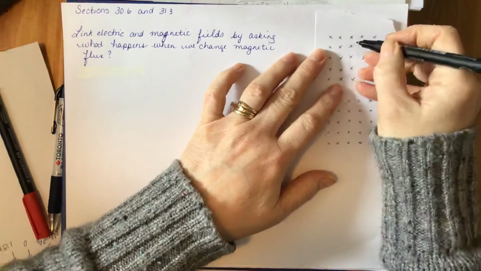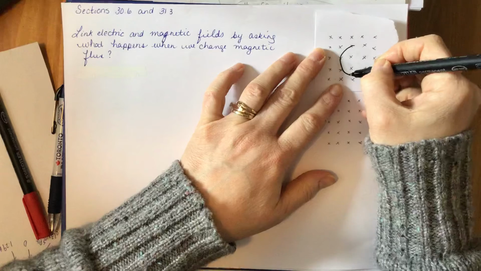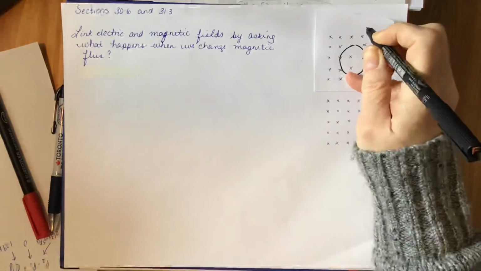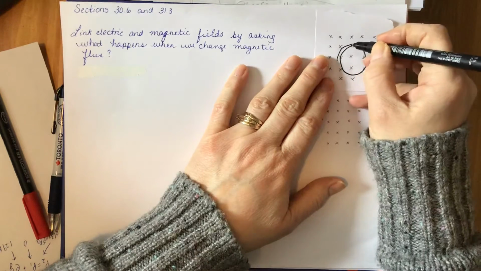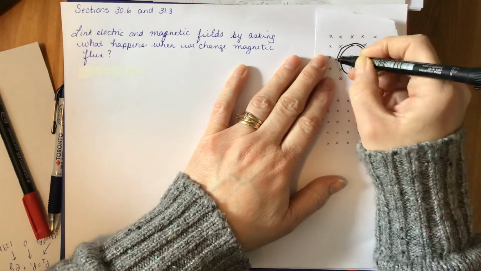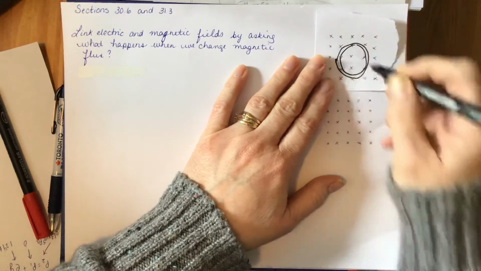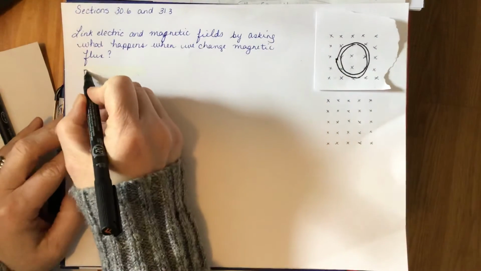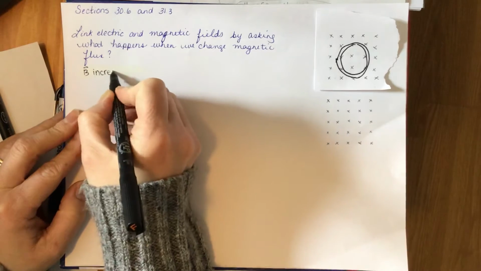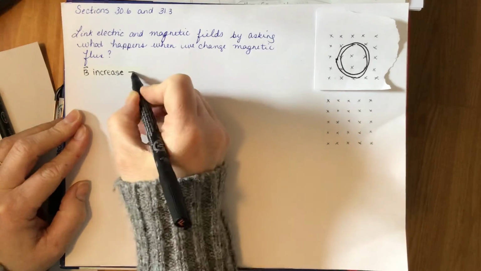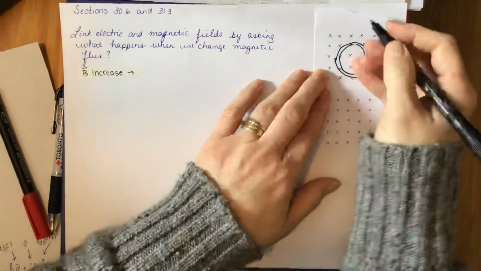Let's say that we have a current loop in our magnetic field. And let's ask what happens if we change that magnetic field. So we've already done this as we've been doing Lenz's law and Faraday's law. Our magnetic field points into the page. If we increase B, then we know we're going to get an induced magnetic field.